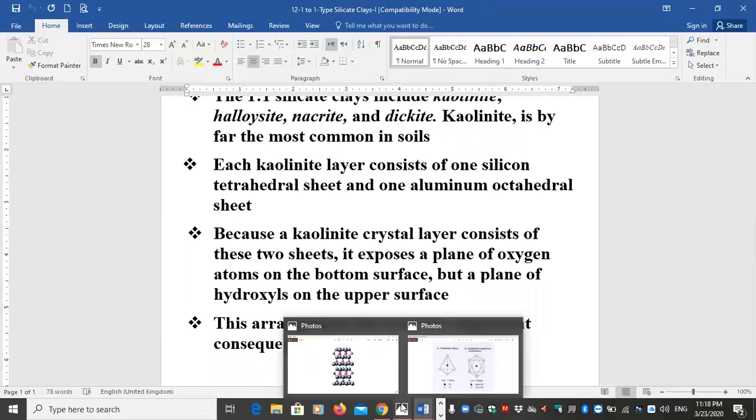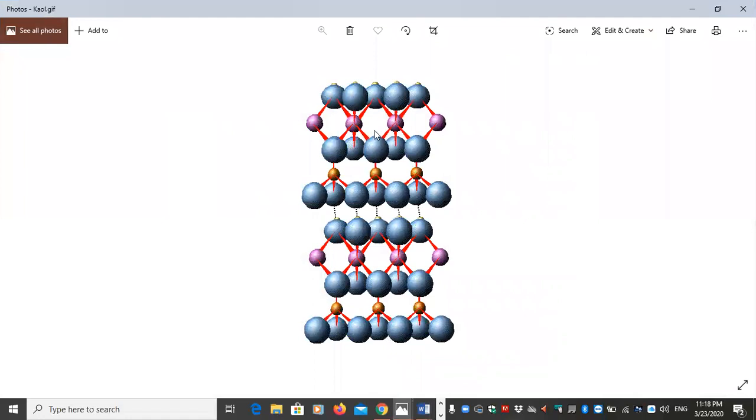Okay, let's look at it. So you have tetrahedral, that's an octahedral, this is tetrahedral, and here an octahedral.